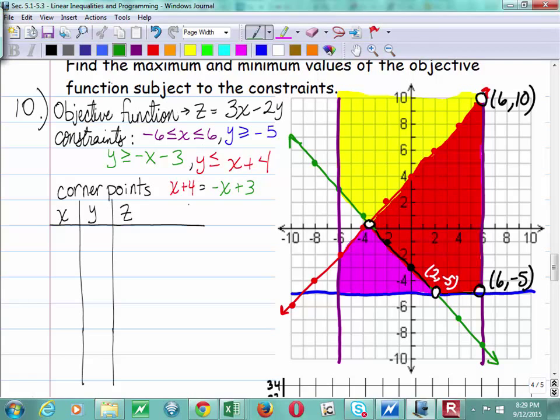So if I add x to both sides, it would give me 2x. So I'm going to do plus x on both sides, and I'm going to do minus 4 on both sides. It's going to give me 2x equals negative 1. Divide both sides by 2, so that gives me x equals negative 1/2.